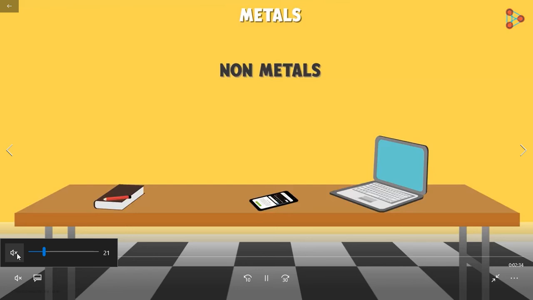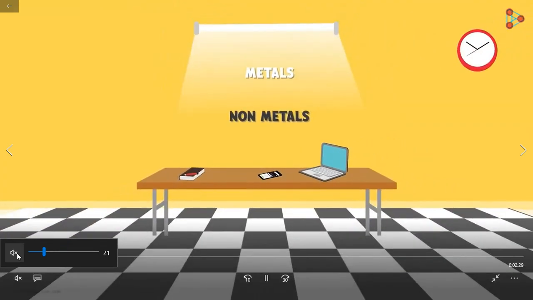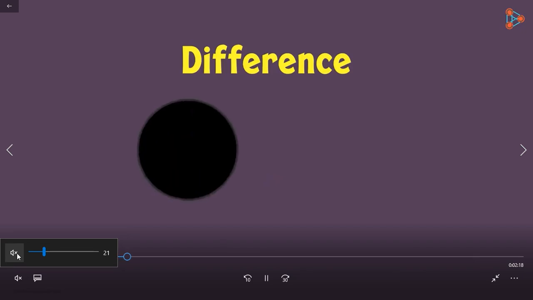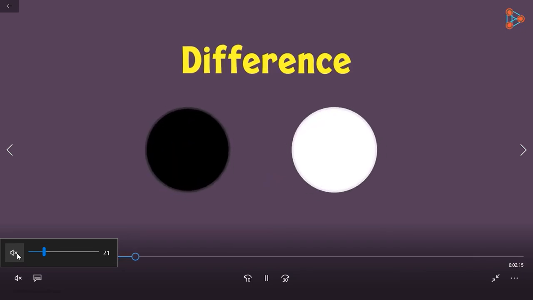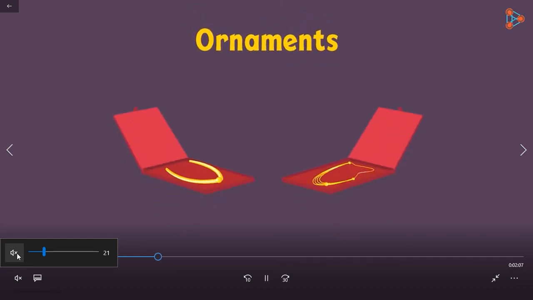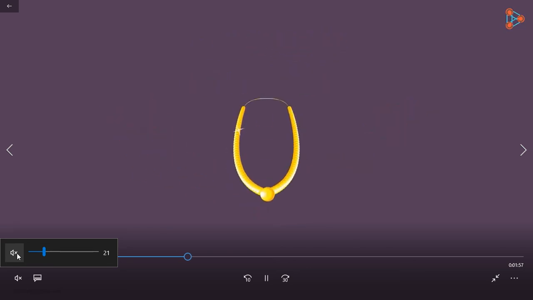You can see here a table, book, calculator, mobile and computer. So these are made of different materials. Ornaments are generally made of metals: gold, copper, platinum, silver, bronze.